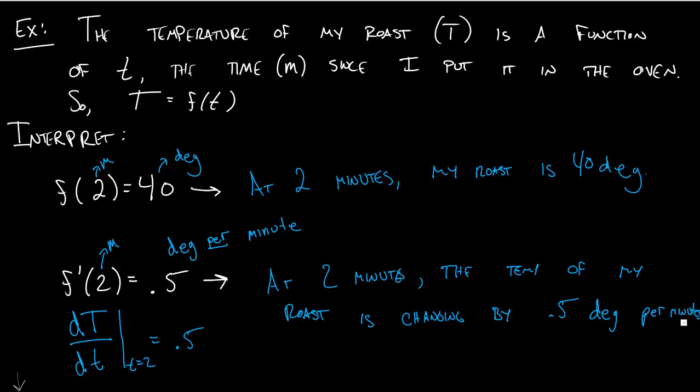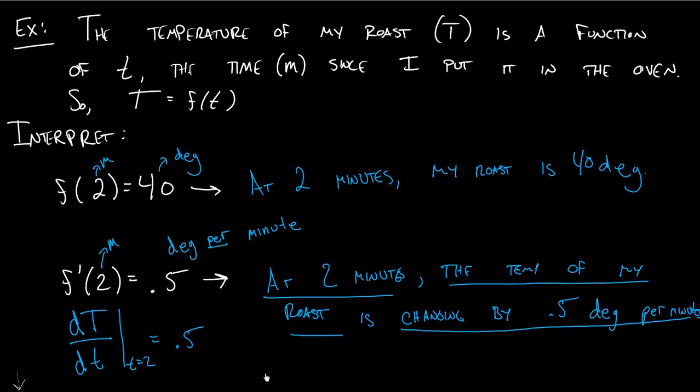So there are 3 big components to this statement. At my input value, the temperature, so my output value, and then we know what it's changing by. So at an input value, my output value is changing by this much. We need to make sure we have the units there.